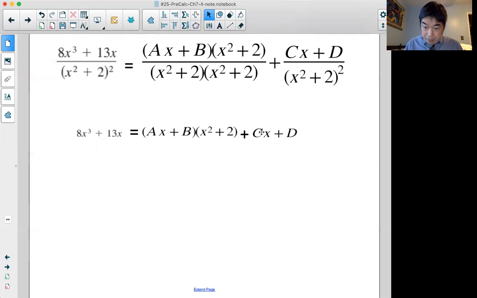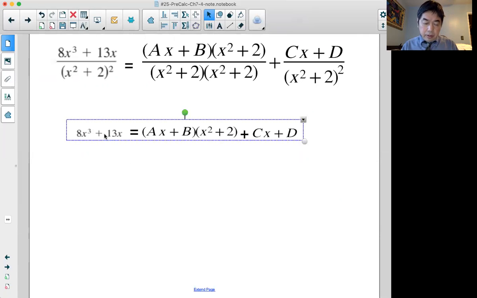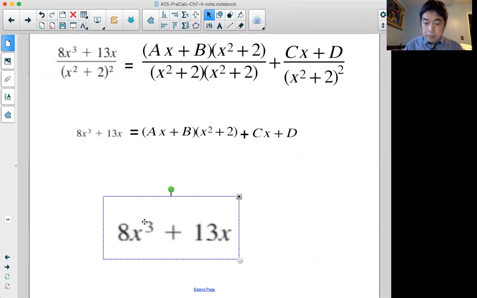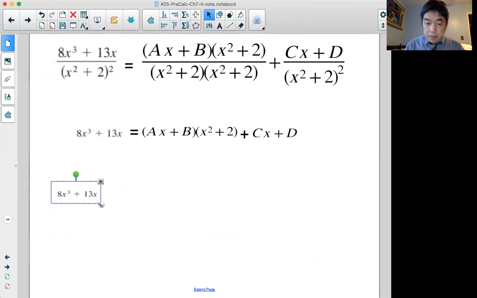Now, I think we can distribute here. If you have the FOIL box method, this is an algebra thing. I put this one on the side and put the equal sign.